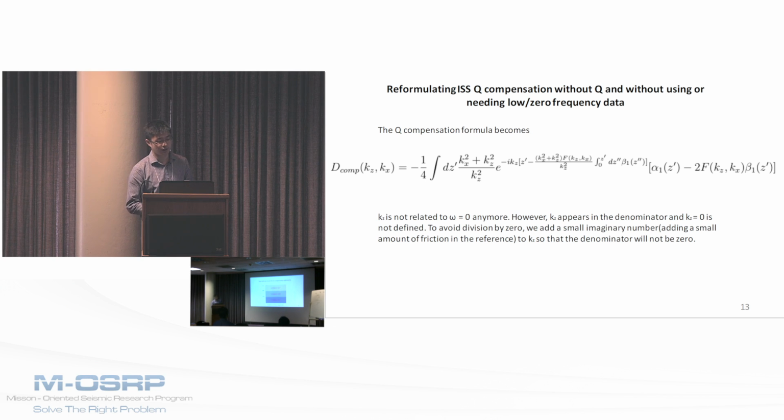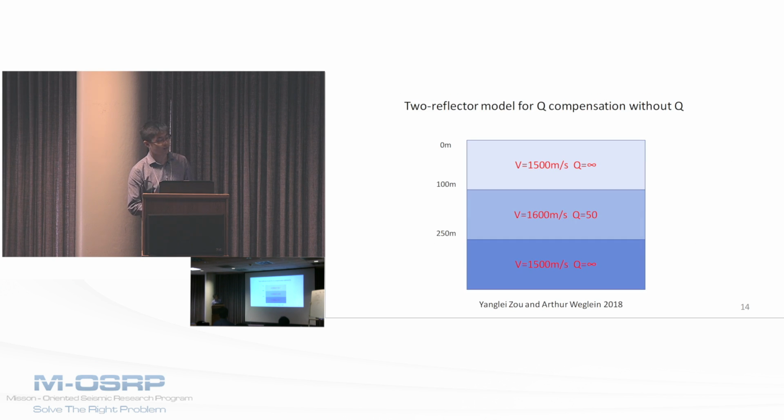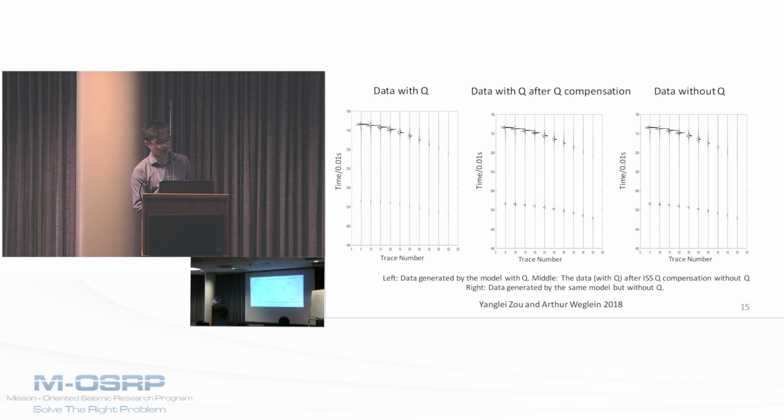So next I'll show you a two reflector model for Q compensation without Q. Here it shows a 1D model with two reflectors at 100 meters and 250 meters. The left-hand side shows the data generated from the model with Q. So there are two primaries.